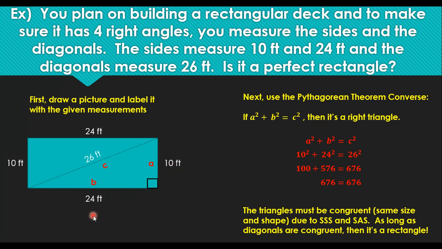If this is a 10 by 24 by 26 triangle, and this is a 10 by 24 by 26 triangle, this proof will hold and say that this angle is also 90 degrees. So by side angle side, as long as the diagonal is congruent, which it is, it's 26 and 26 in each one, then it's a rectangle.